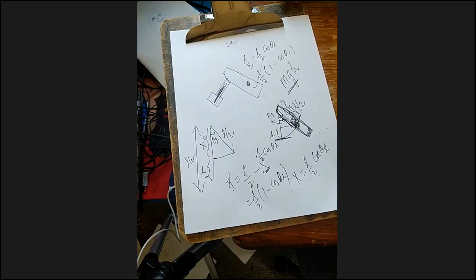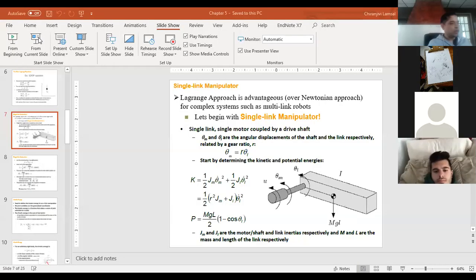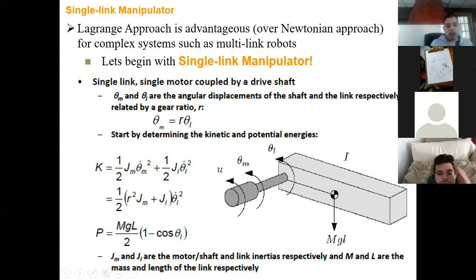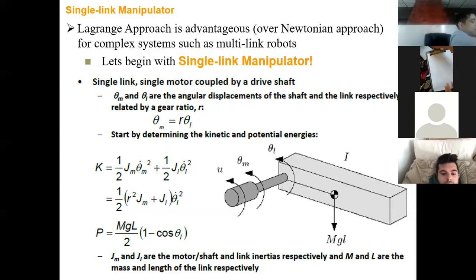Let me share the screen again, okay? Now you can see it, right? So that's why my potential energy is mg L over 2 times 1 minus cosine theta L. Now what is my Lagrangian? We have to make the Lagrangian now, right? So let's make the Lagrangian and solve the problem.